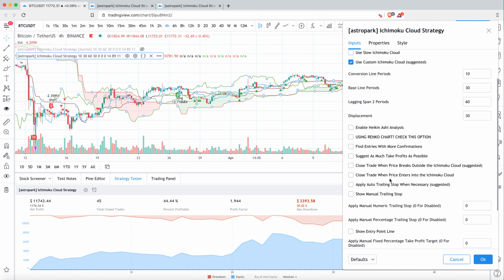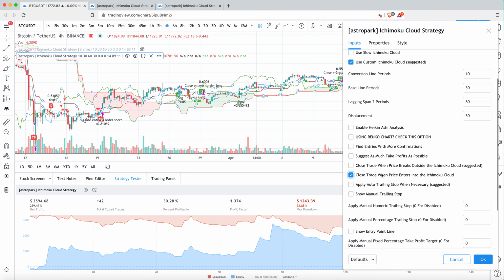You have here a lot of options. Usually, I suggest to apply this, for example, to be more secure: close trade when the price enters into the Ichimoku cloud, because quite often, when the price enters, it can go to the other side of the Ichimoku cloud.